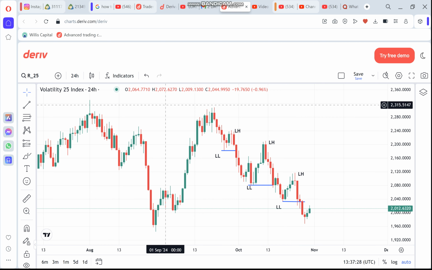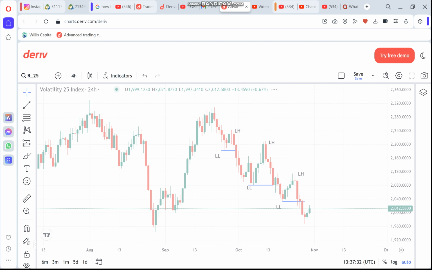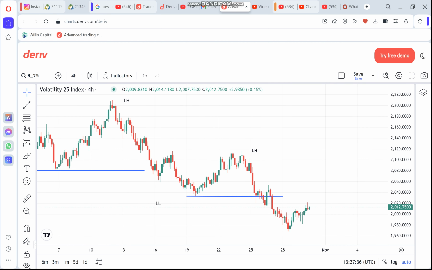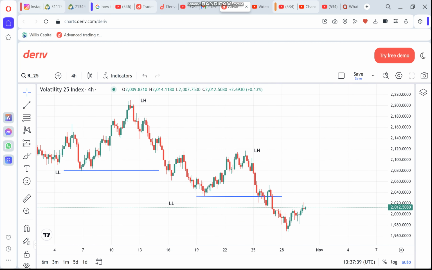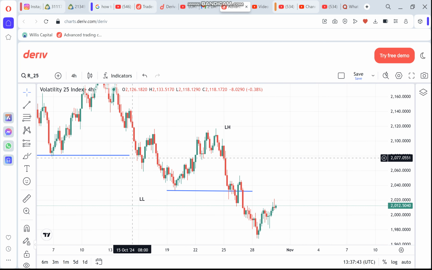As you can see, when we shift to the lower time frame, 4 hour, you can see how this was happening. Price broke the structure here. In our latest price action, price broke the structure to the downside.